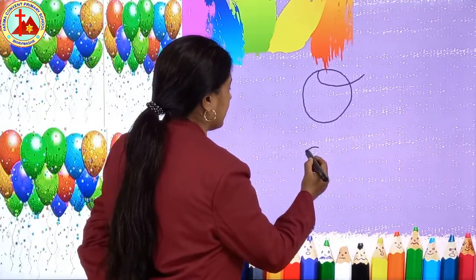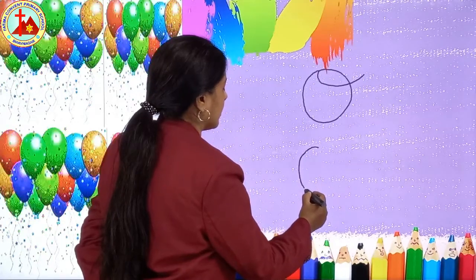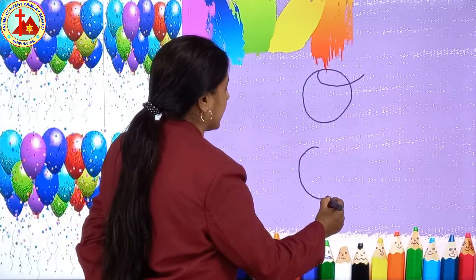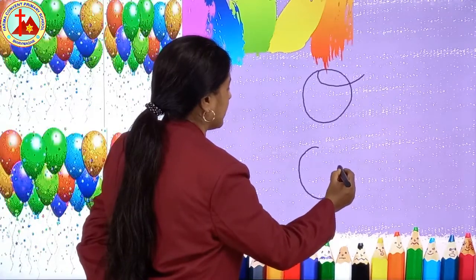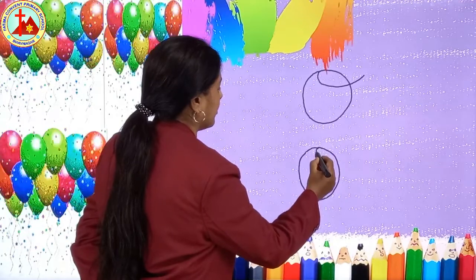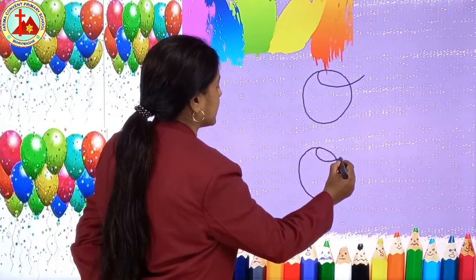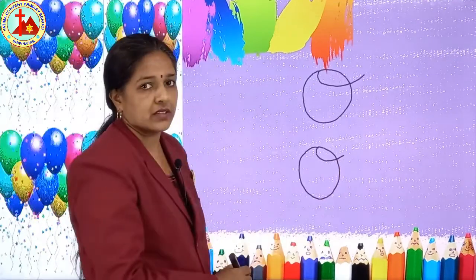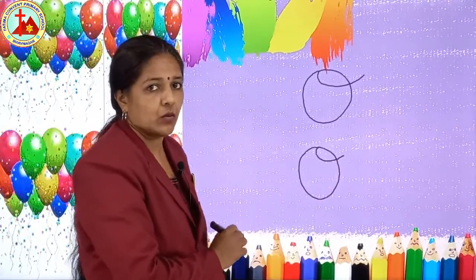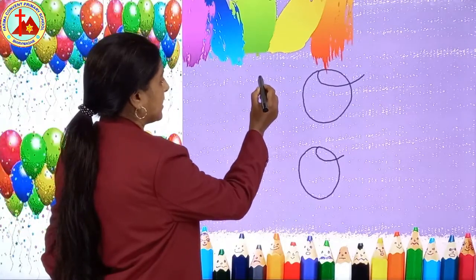Again we will see. Starting from up, down, curve, again go up, turn. From here you have to move inside, curve and slide out. Cursive capital O. Now again we will see.